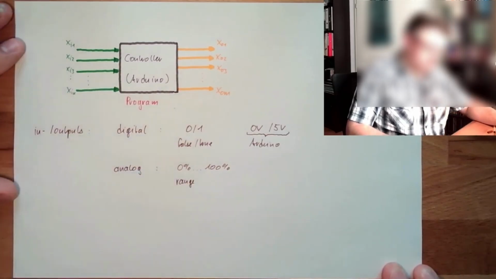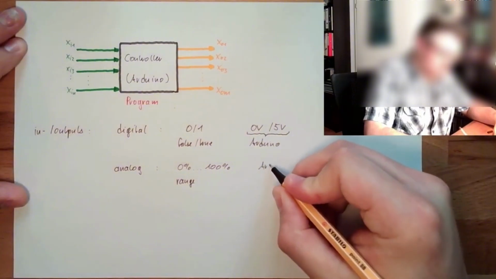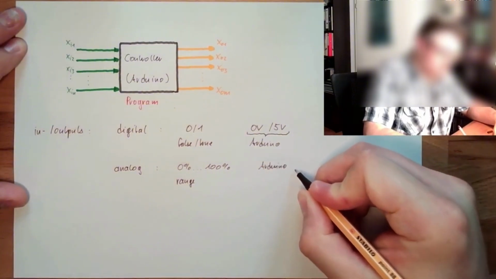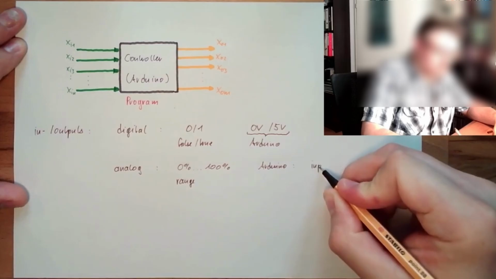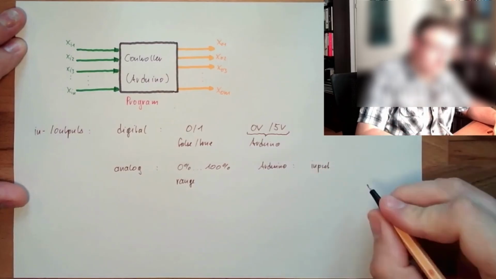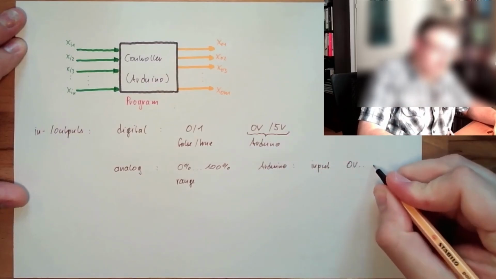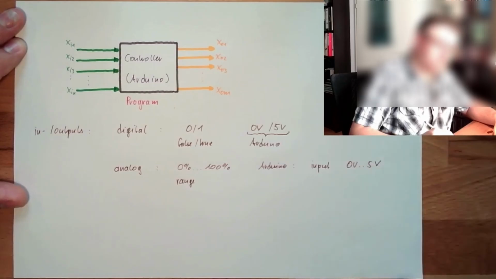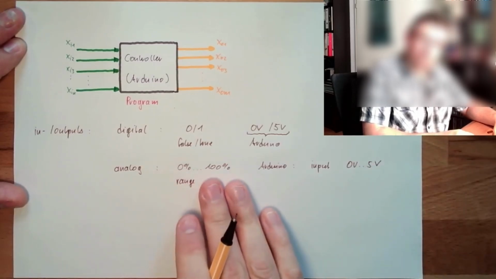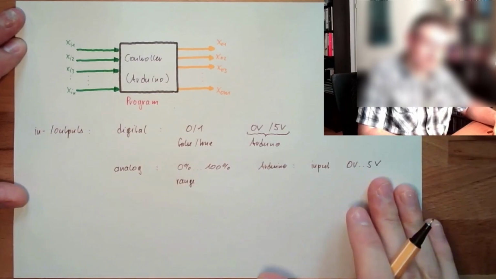On Arduino, an analog input usually is between 0 volts and 5 volts. This is between 0 and 100%, between 0 and 5 volts.